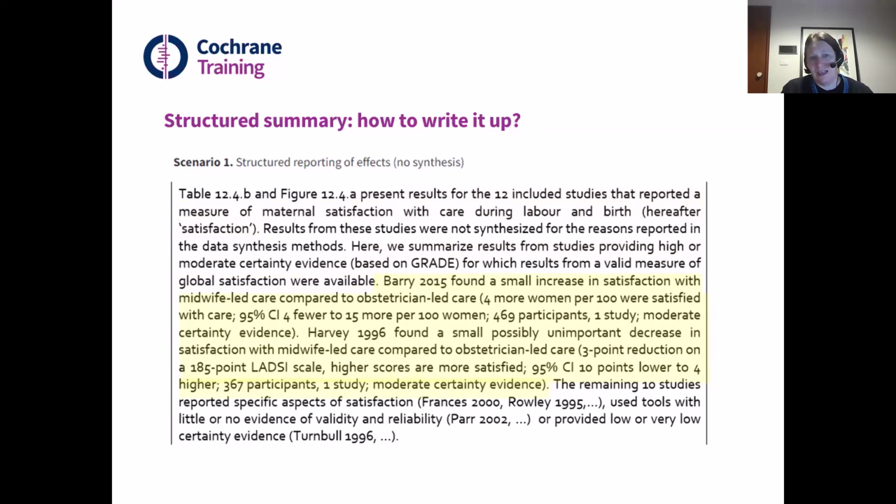Then there's a set of text that reports the results for the studies that meet that criteria. And a concluding bit of text says for the remaining 10 studies, reported specific aspects of satisfaction, used tools with little or no evidence of validity and reliability, or provided low or very low certainty evidence. So there's not a focus on the results of those studies, because in your structured summary, you've determined you're not going to highlight those studies.